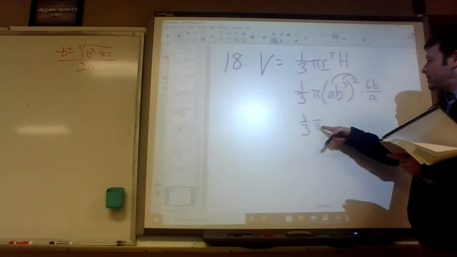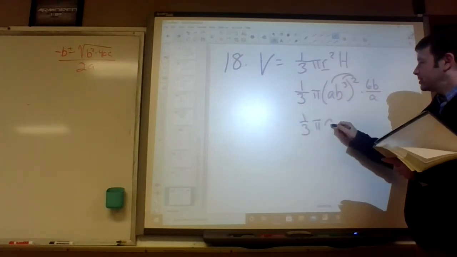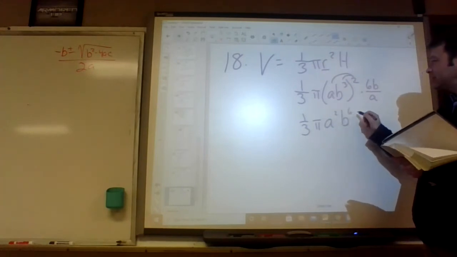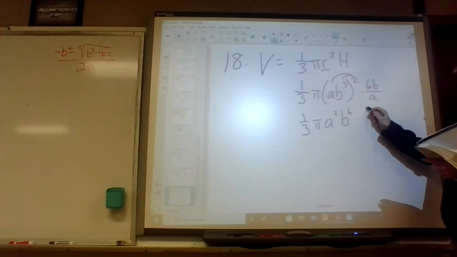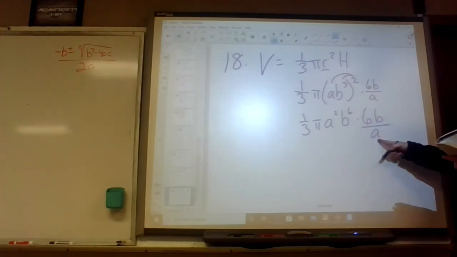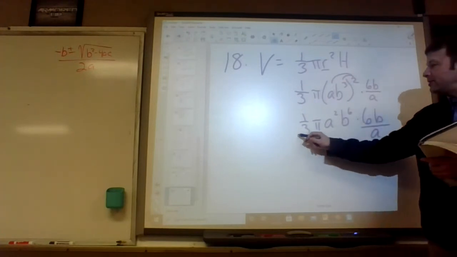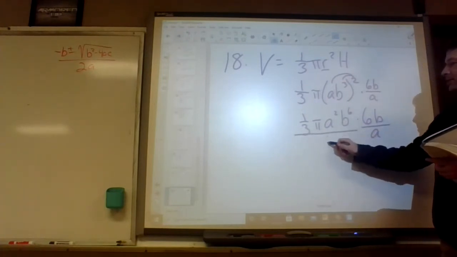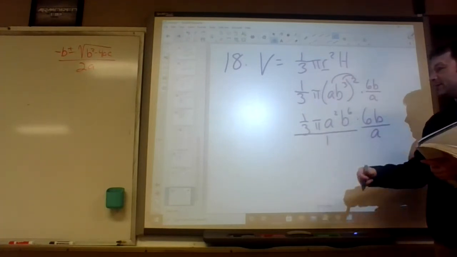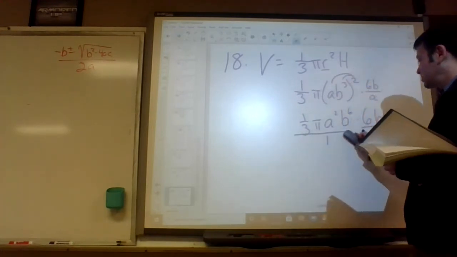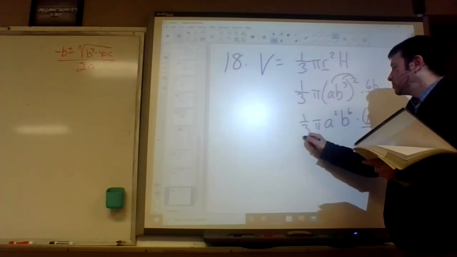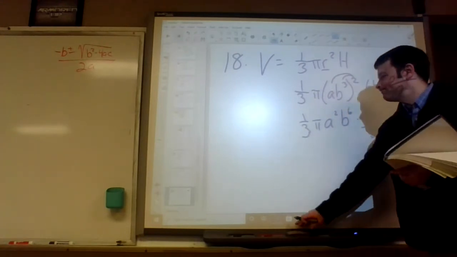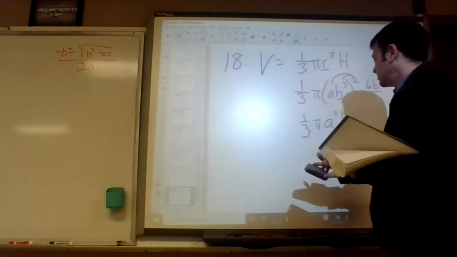This 1/3 pi, okay, we'll come back to that. A^2 B^6, order of operations, exponents first, right? Now, there's only one thing in the denominators. I could, if I wanted to, I could do that. Well, 3 is kind of the denominator too.